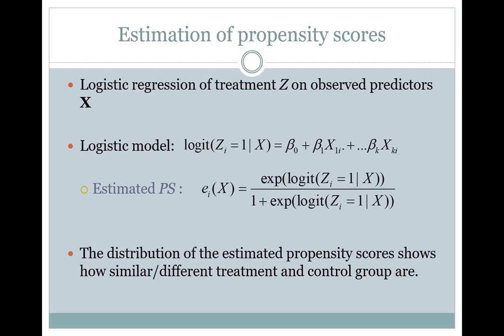So logistic regression, here is an example of a logistic regression model with just main effects of covariates x1 to xk. And the propensity score is the probability of treatment assignment.